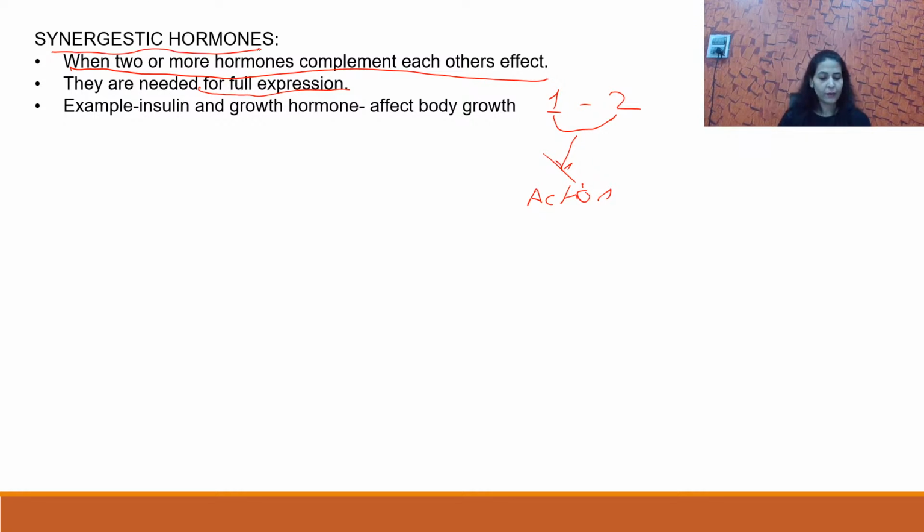I will try to explain this to you with the help of a very classical example. Growth hormone is produced by the anterior lobe of the pituitary, under the growth hormone releasing hormone produced by the hypothalamus.